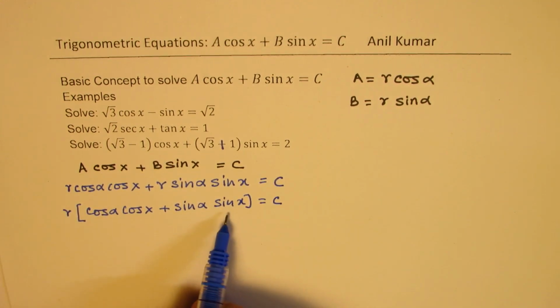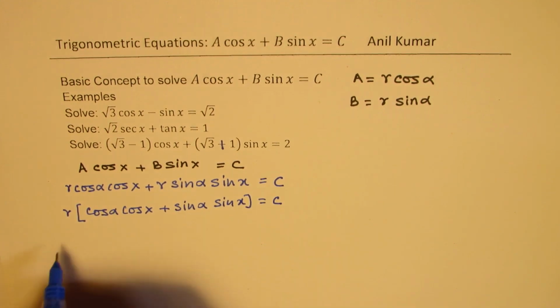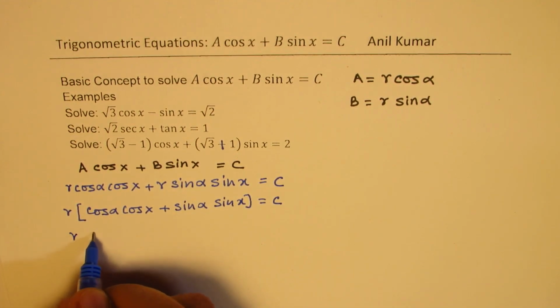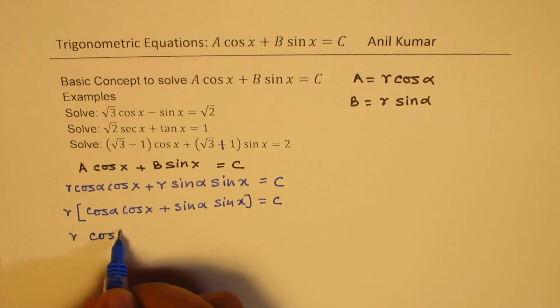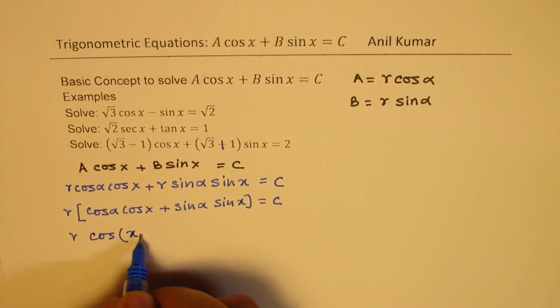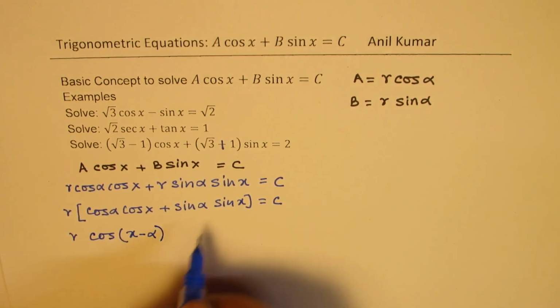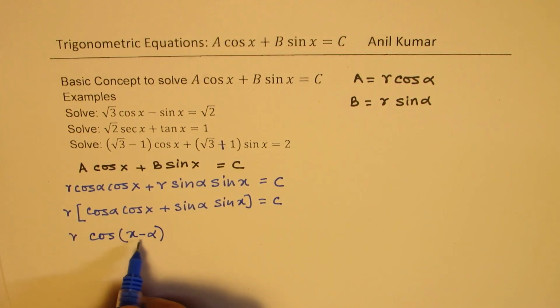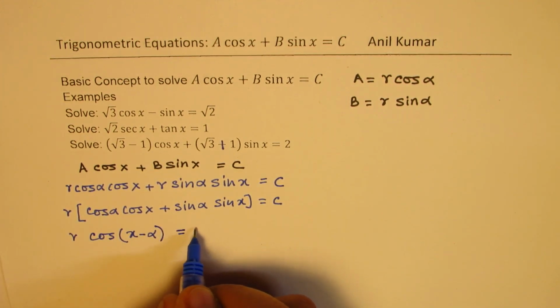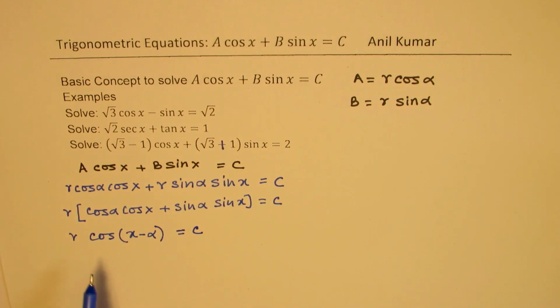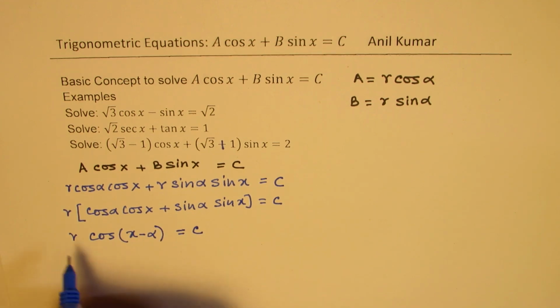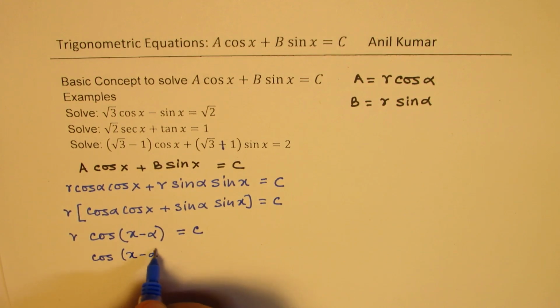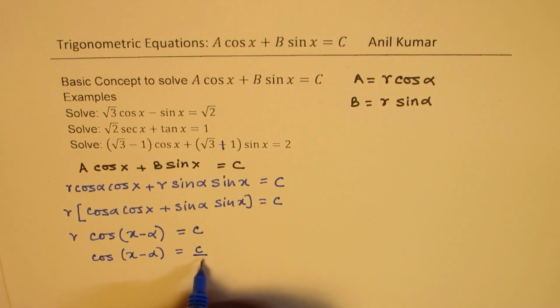Now this is a familiar compound angle formula, so we can write this as r times cos of x minus alpha, and it is equal to c, correct? Now we get an equation in cosine, and we can always solve it very easily, right? We can write this as cos of x minus alpha equals c over r.